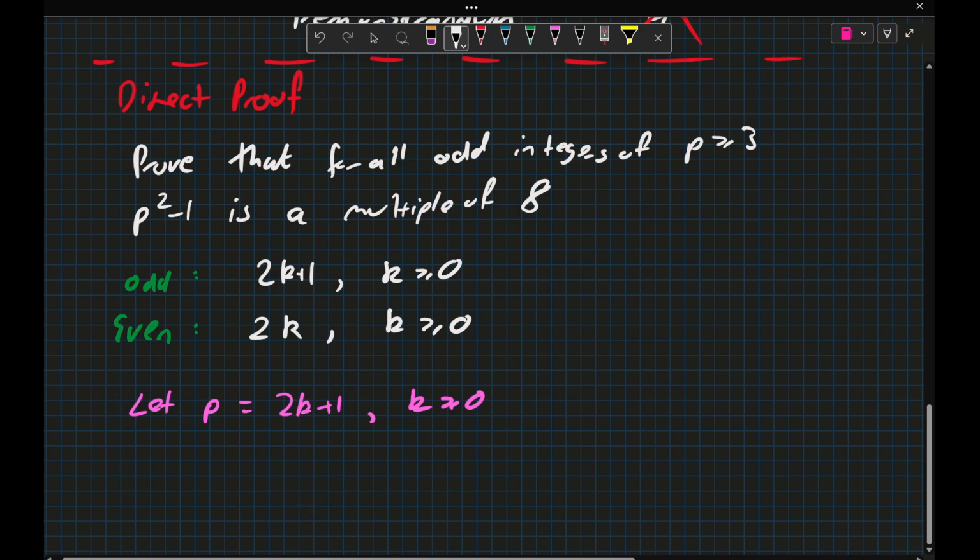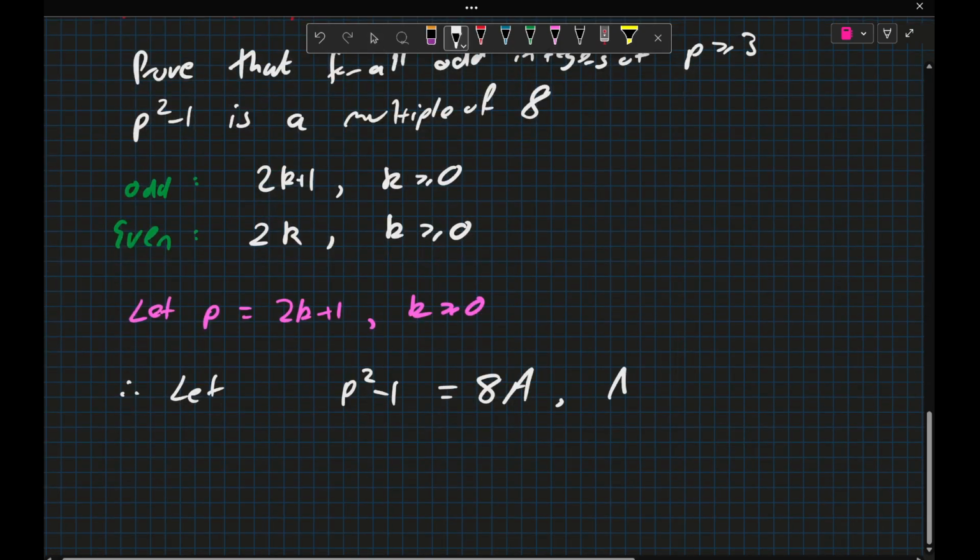Then you just say let p squared minus 1 equal 8 times some multiple, which I tend to call a, where again a is greater than or equal to 0. So we know p is 2k plus 1. So I'm going to sub it back into here.